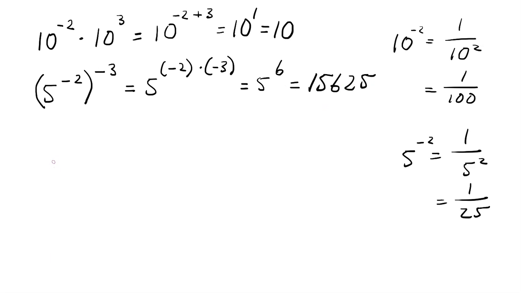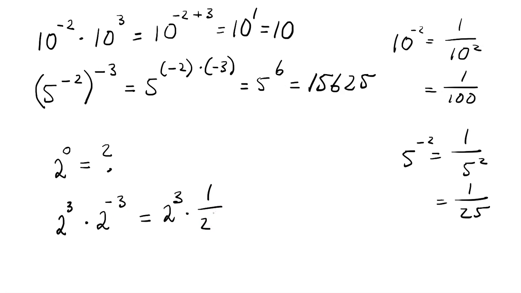What would be, for example, if we take 2 raised to the power of 0? What would that be equal to? Yeah, if you want all the rules to work as you have seen so far, then it needs to be equal to 1. But we can show it in the following way. So let's take, for example, 3 here. And then minus 3 here. So what's this equal to? This is 2 to the third times 2 to the minus 3, and per definition this means 2 to the third times 1 over 2 to the third.